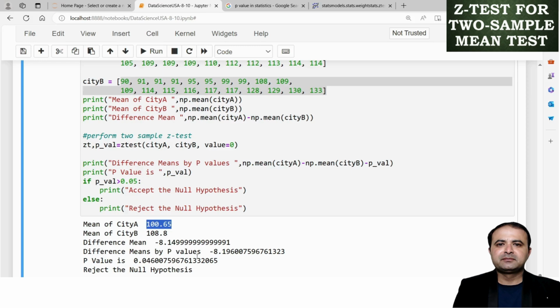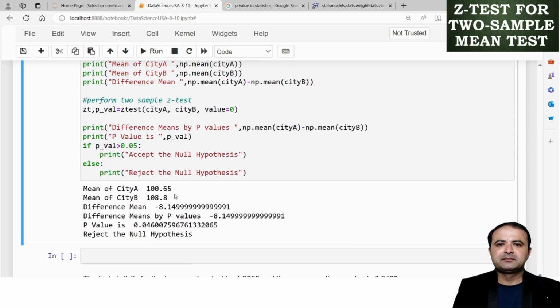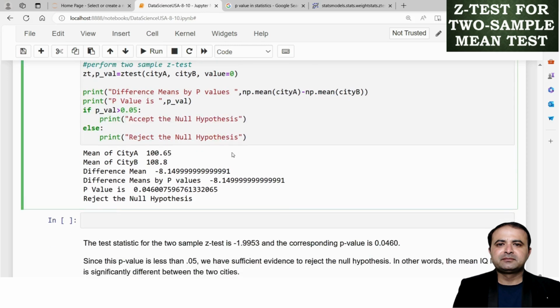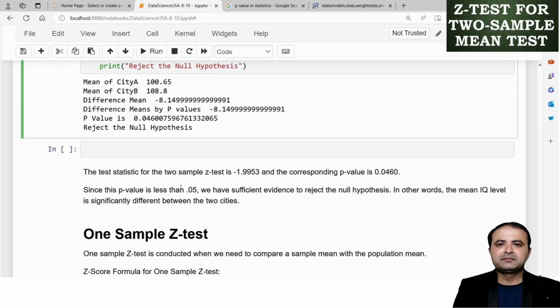After that, I want to find out the difference, so again I apply this mean, I find 100, and again I subtract city B. We reject the null hypothesis because the 100 is already the ground truth. I mention here the p value less than 5, so there is sufficient evidence to reject the null hypothesis because the value is less than 5.